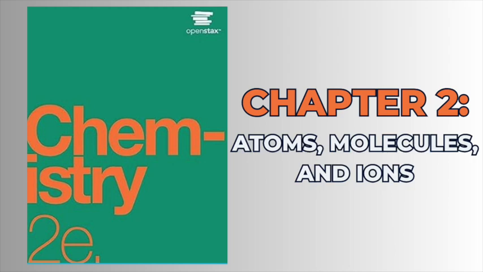The average atomic mass for boron is calculated to be: boron average mass equals 0.199 times 10.0129 atomic mass units plus 0.801 times 11.0093 atomic mass units, equals 1.99 atomic mass units plus 8.82 atomic mass units, equals 10.81 atomic mass units. It is important to understand that no single boron atom weighs exactly 10.8 atomic mass units.